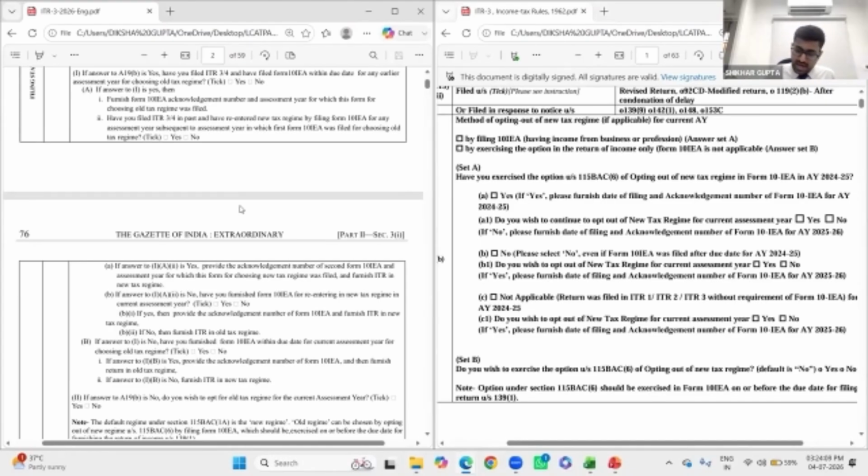Now, as we all know, Section 115BAC has been introduced by the Finance Act 2020.